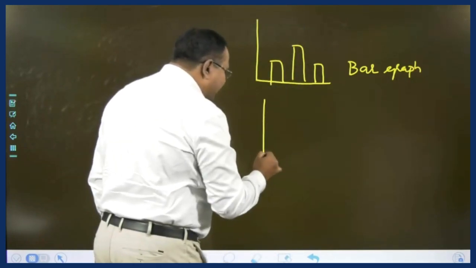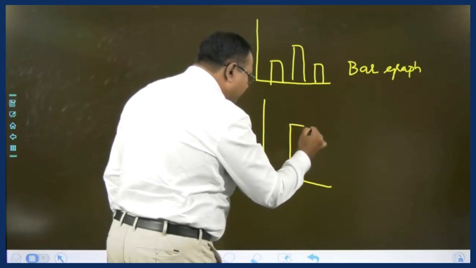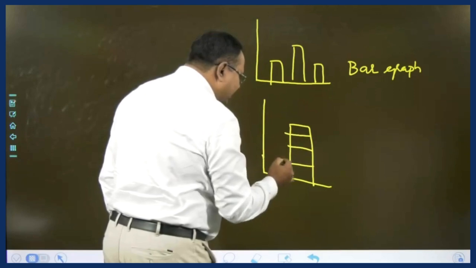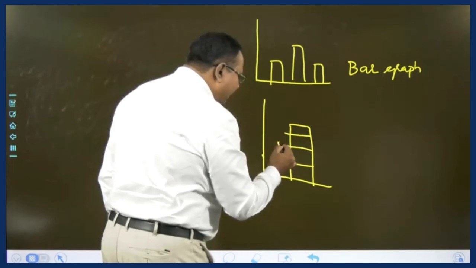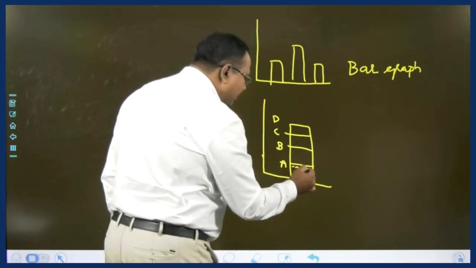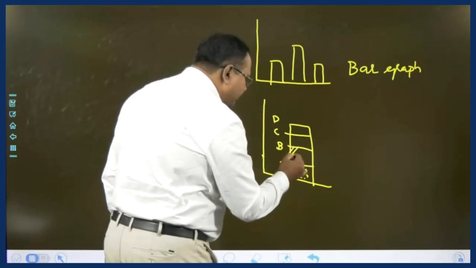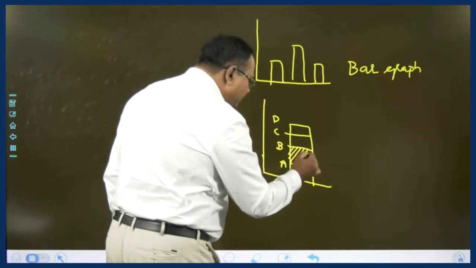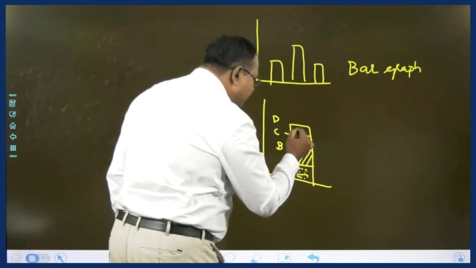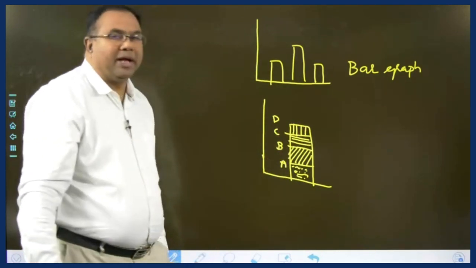Now, if I look at this one, let's say this is A, this is B, this is C, this is D. Now, what is this bar graph called, students?